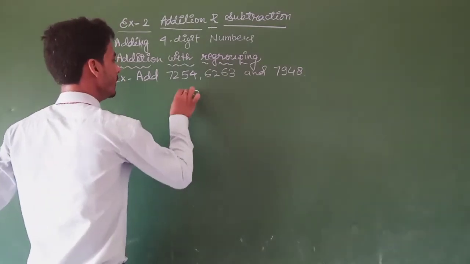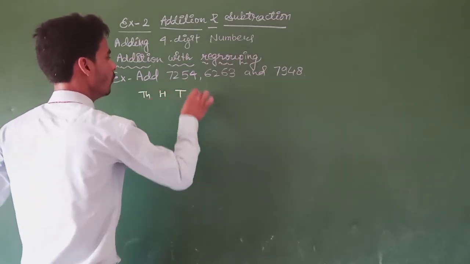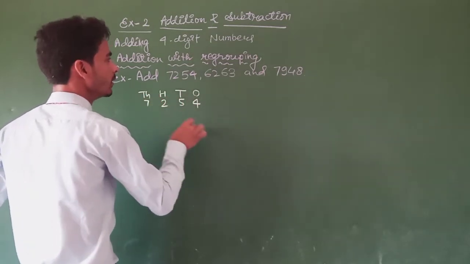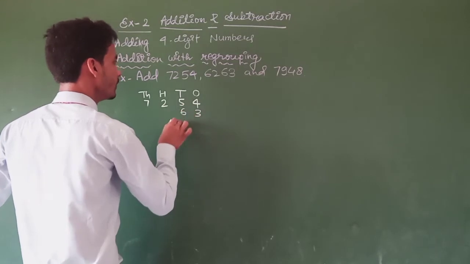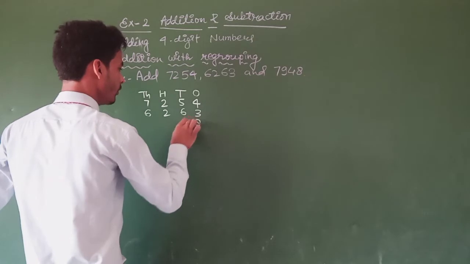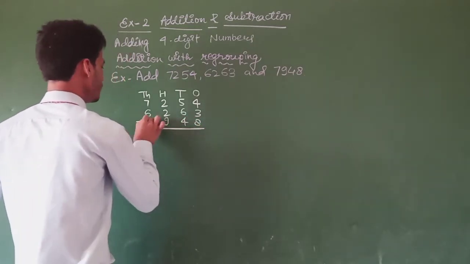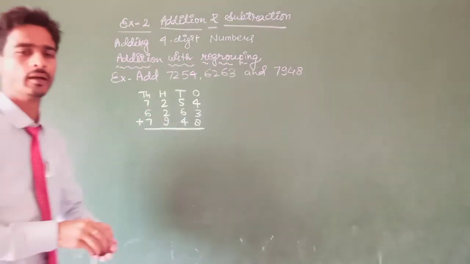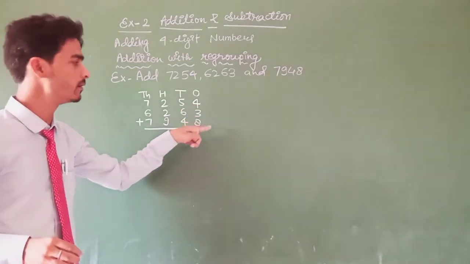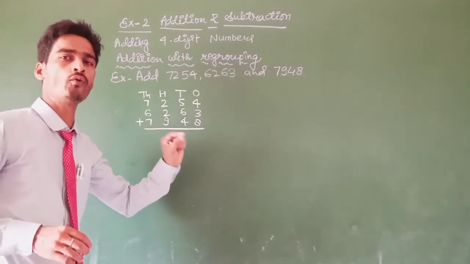Ones, tens, hundreds, thousands. In step first, add the ones: 4 ones plus 3 ones plus 8 ones is 15 ones.